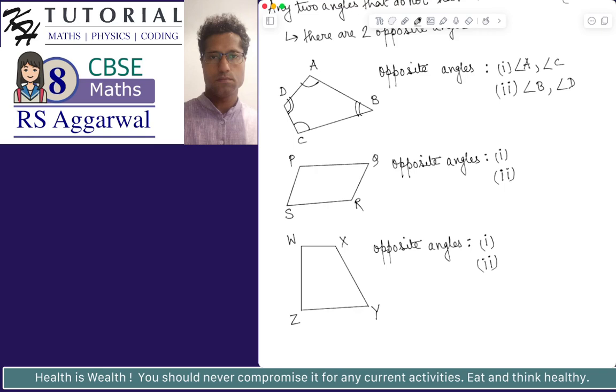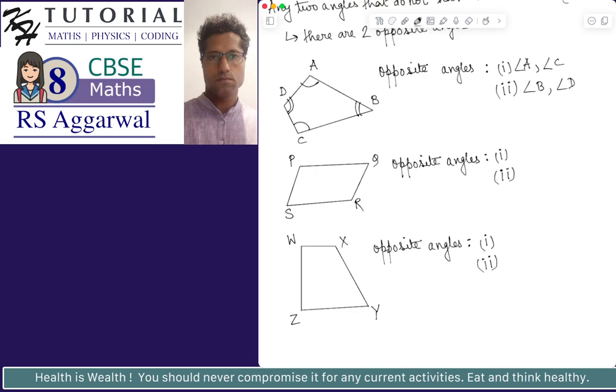I am just trying to visually mark a pair of opposite angles. When I mark the angles D and B with a double stroke, I mean to say that they are opposite angles. Similarly, I have marked the angles A and C with a single stroke to mean that they are opposite angles.